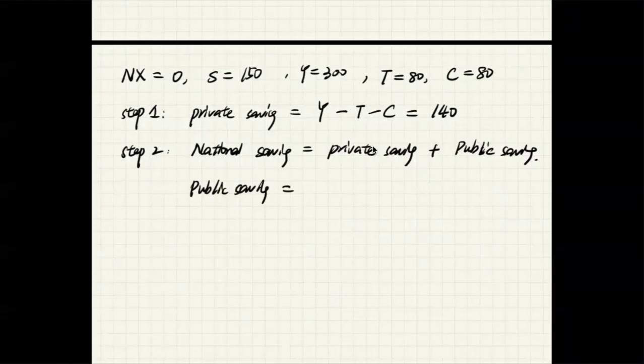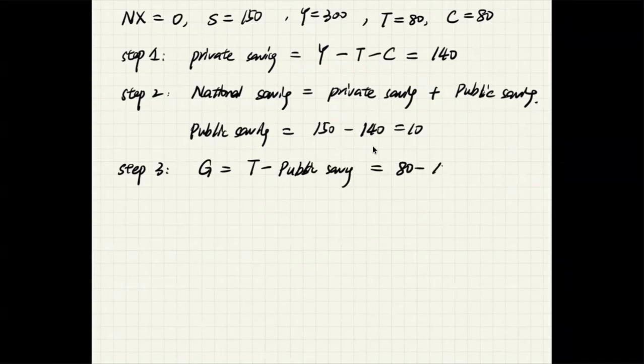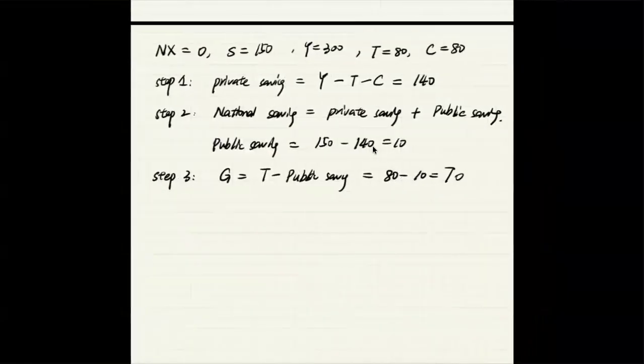It's just the national saving minus the private saving, which is 150 minus 140 equals 10. Okay, and then the last one would be the government expenses. G equals T minus public saving, which is 80 minus 10 equals 70. So this is the third question.